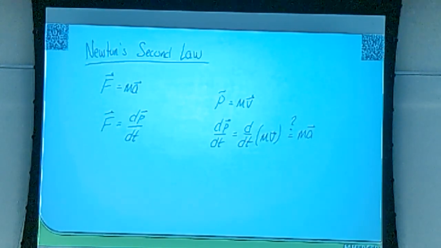Right. Once you start moving closer to the speed of light, you can't ignore the change in mass. It's also why there's only one known particle that can actually travel at the speed of light, the photon. It's the only massless particle that we know of.